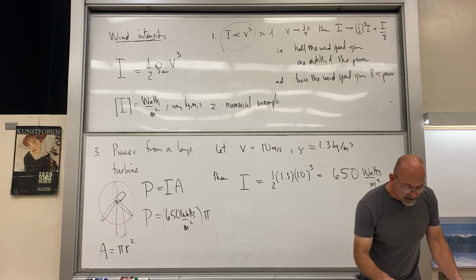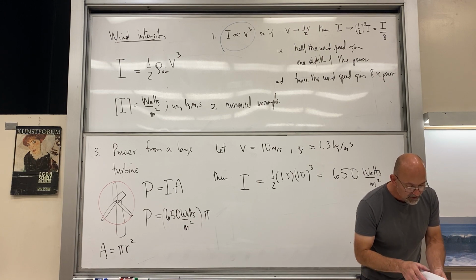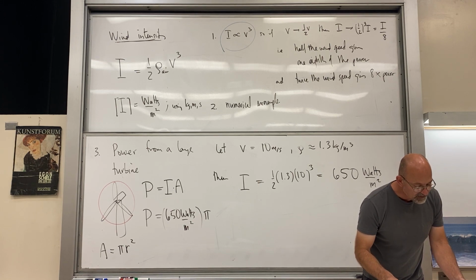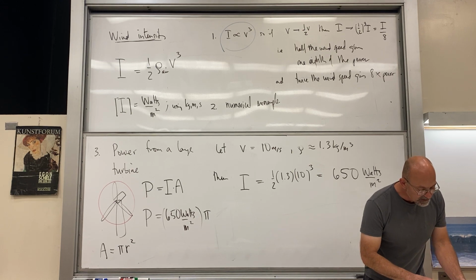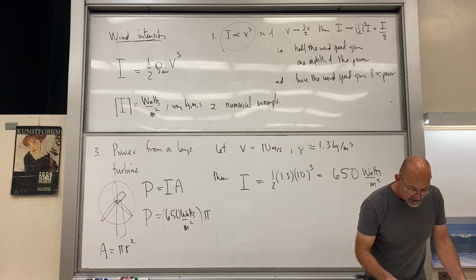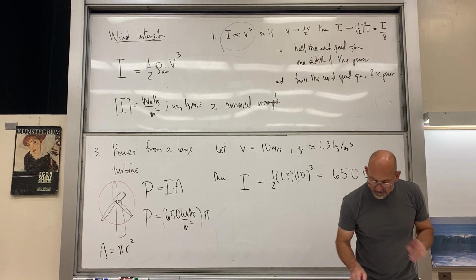This is the kind of thing you can look up. I was going to go with 50 meter radius, but are they really that big? 50 meter diameter for sure. You know, I'm going to leave it on you guys.